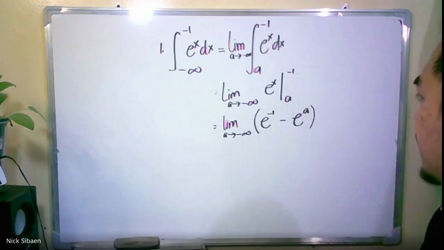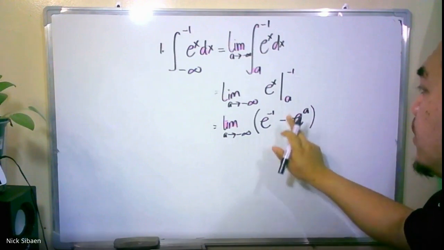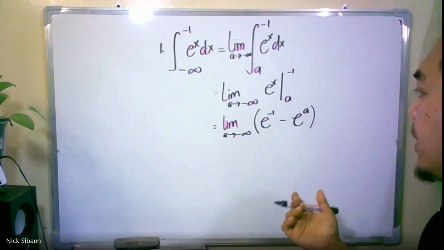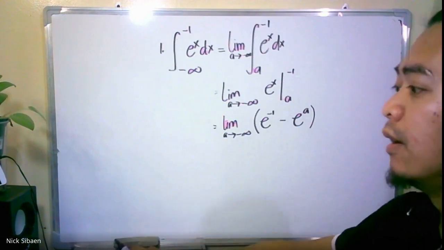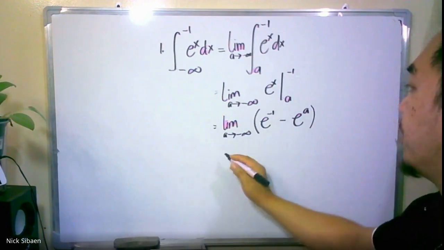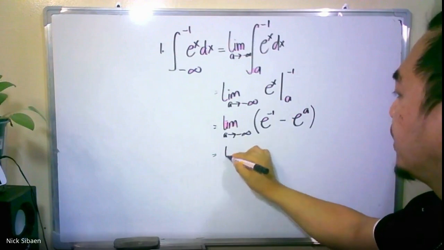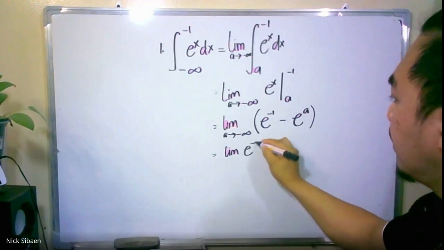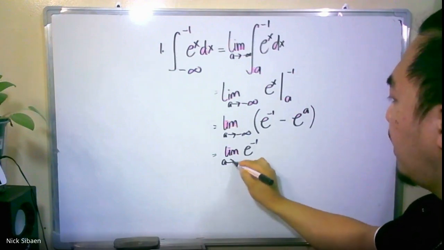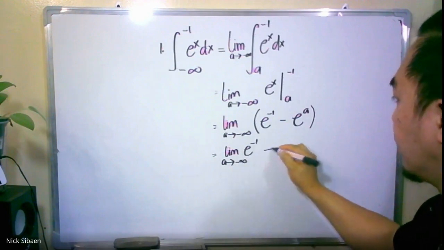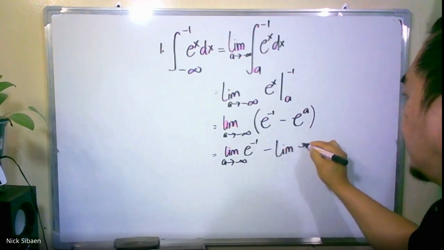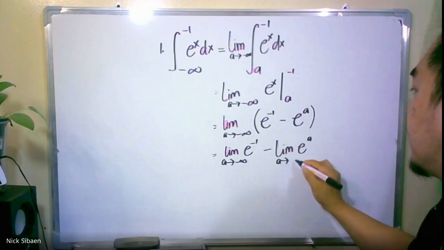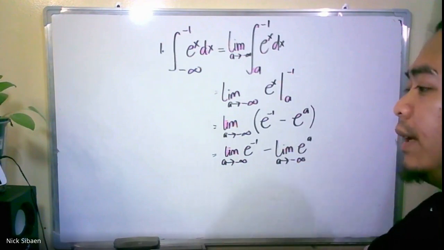The next step is to compute for the limit. So kapag subtraction, the limit of the difference of two functions is the same as the difference of the limits of those two functions. So we can actually compute this one as the limit of e raised to negative 1 as a approaches negative infinity minus, so hinati natin, a approaches negative infinity.